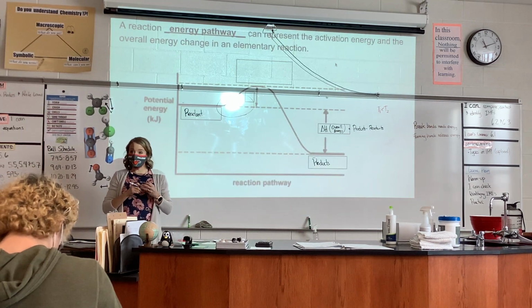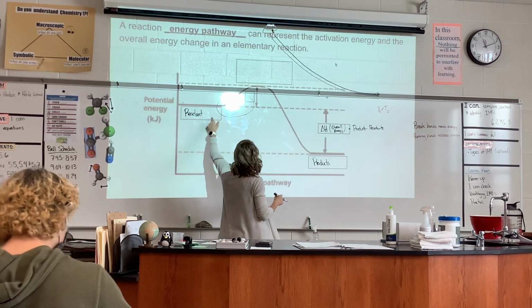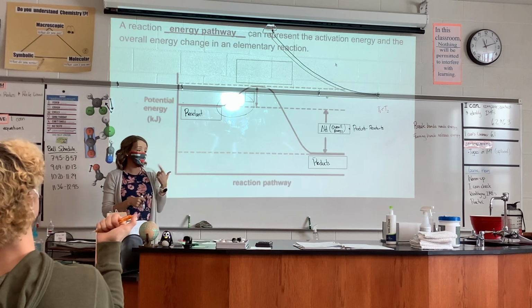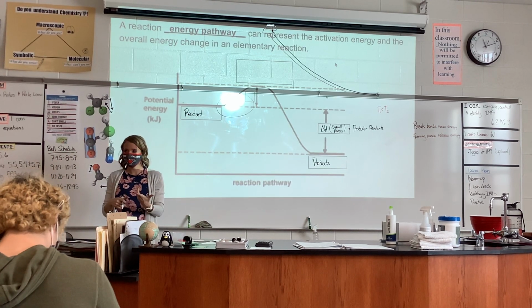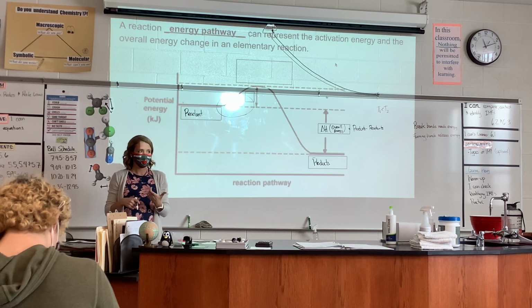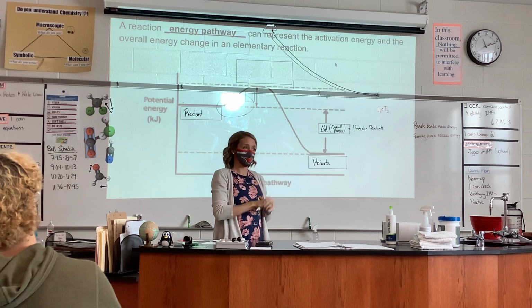What that means, particularly in this example, because my products are lower than my reactants, is you could end up mathematically with a negative energy value. Can products ever be higher than reactants? Yes, it could be the other way, products higher than the reactants.